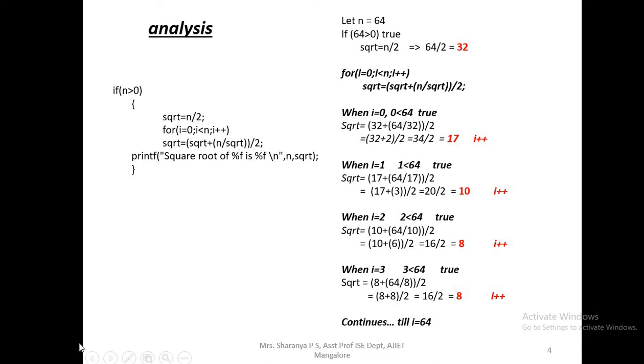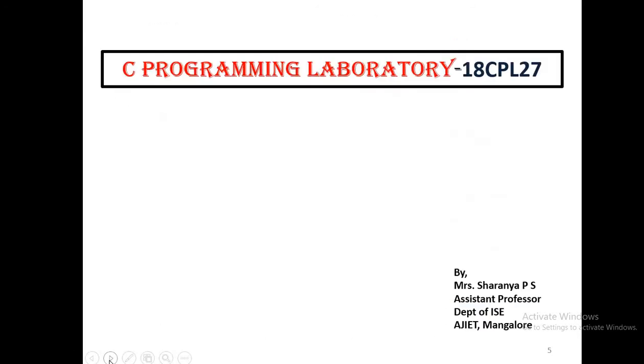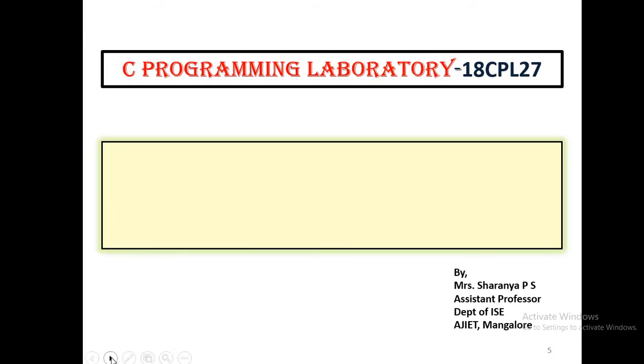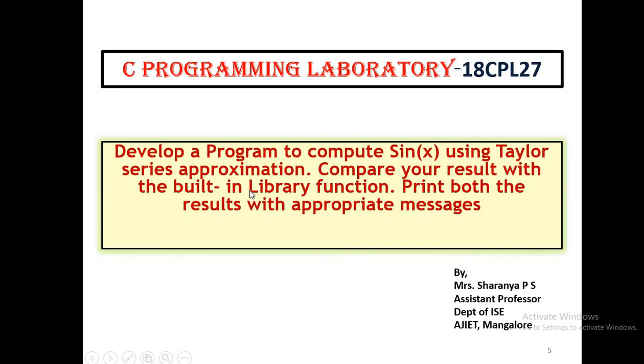Next, moving further, the one more program that needs to be explained under C programming laboratory is the last program, that is develop a program to compute the sine of x using Taylor series approximation, and compare your result with the built-in library functions and print both the results with an appropriate message.